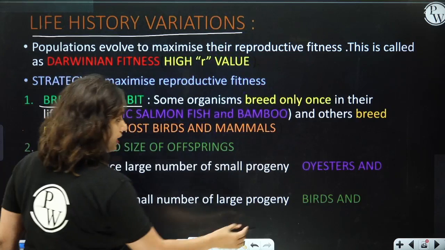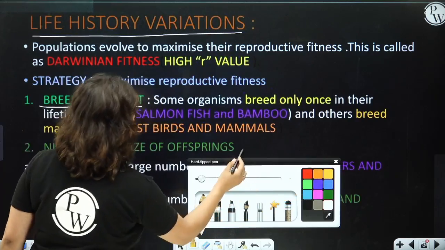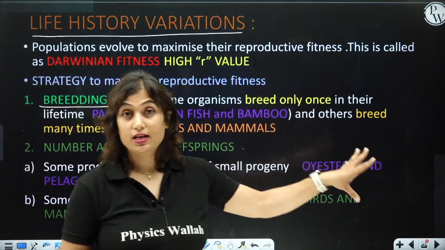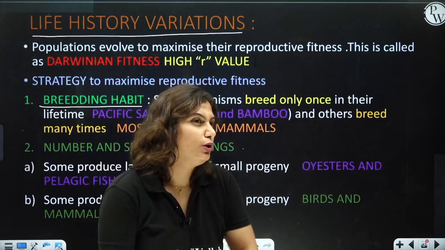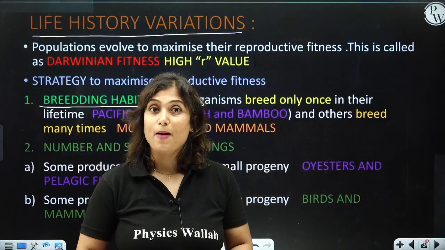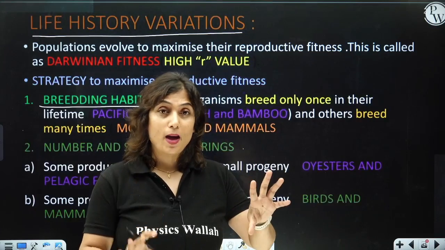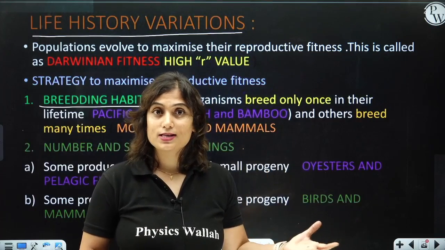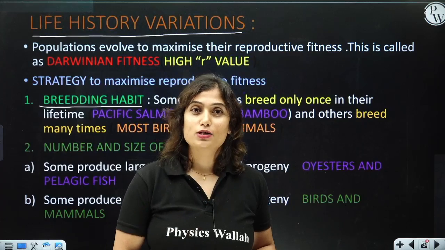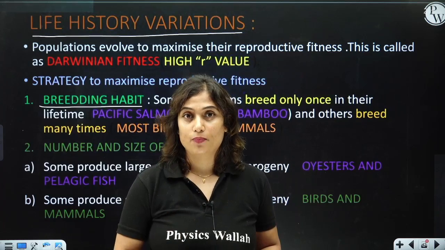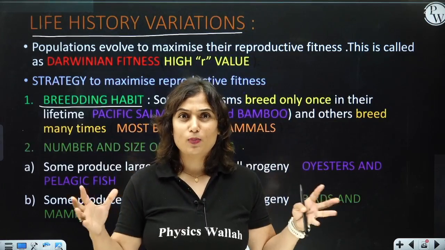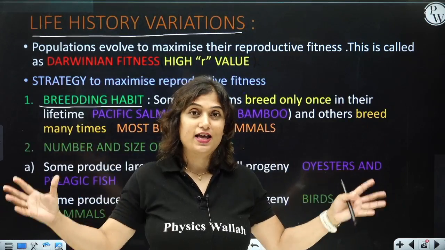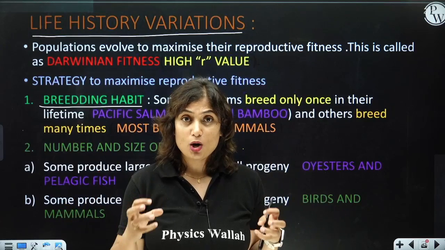Some of the organisms breed only once in their lifetime, and when they breed, they breed profusely, like the bamboo plant. If a bamboo plant lives for 100 years, it will produce flowers only once in a lifetime, and whenever there is flowering on a bamboo tree, the whole plant will be filled with flowers and then it will die.